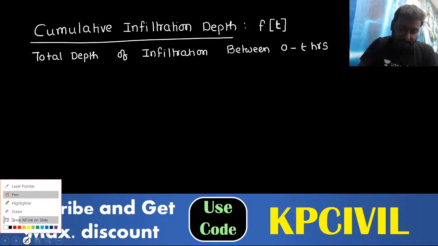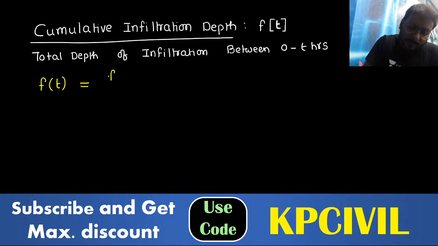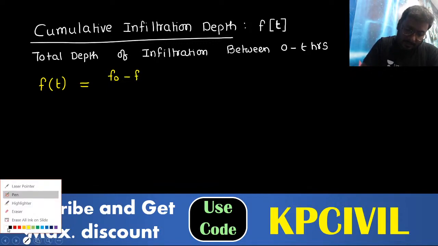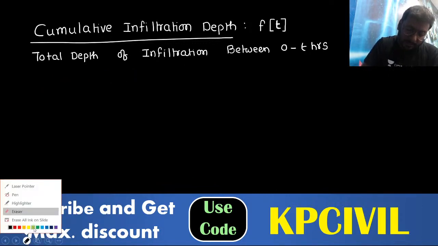Now, how will you get F of T? You will consider F of T is equal to F naught minus Fc. I will tell you. First of all, according to the curve, I will explain.